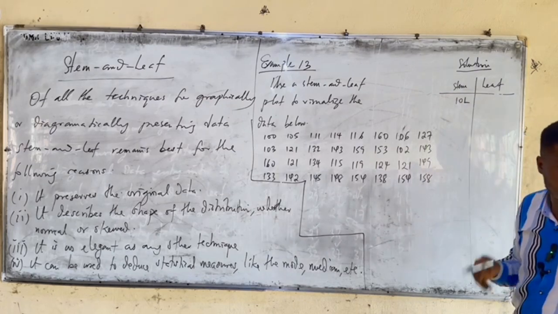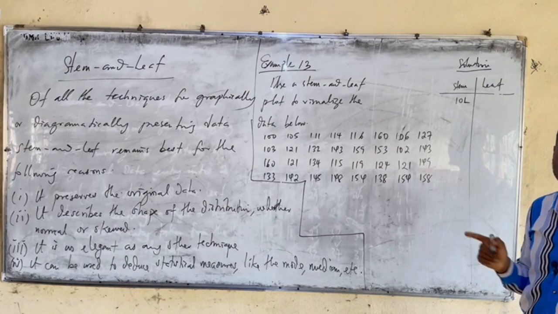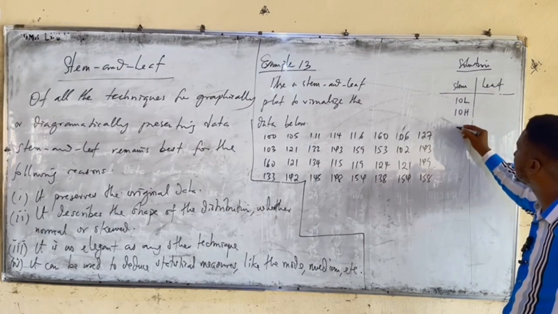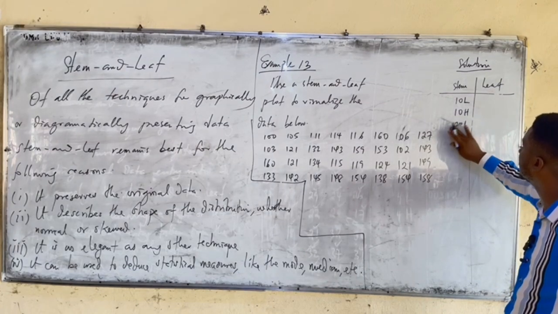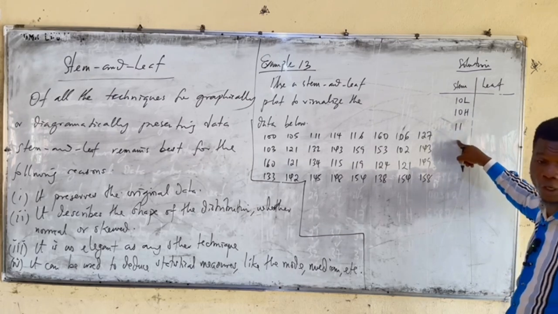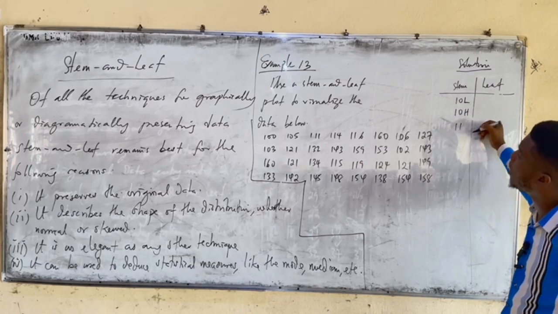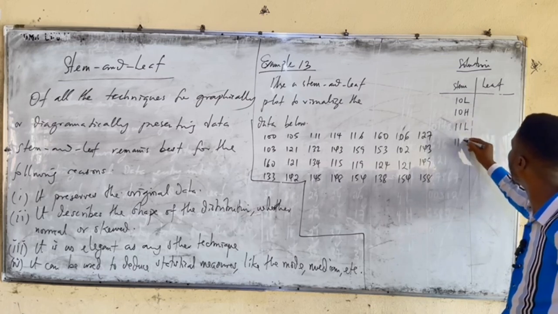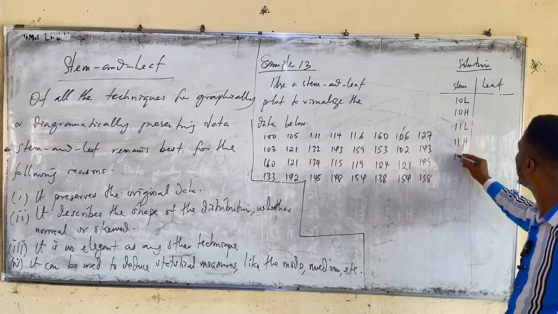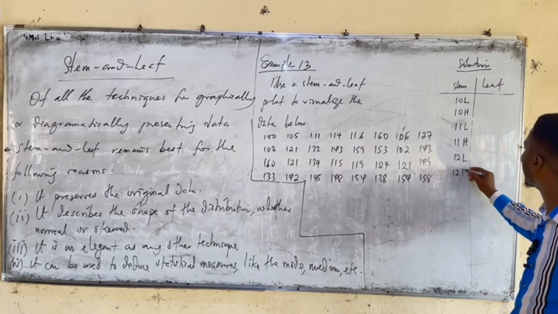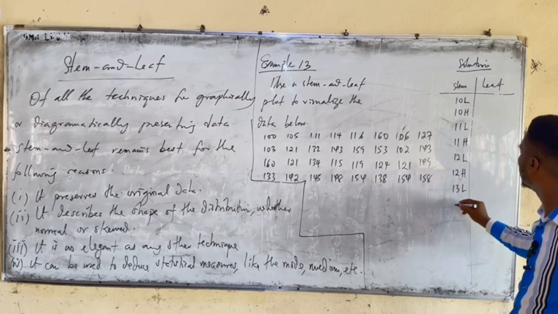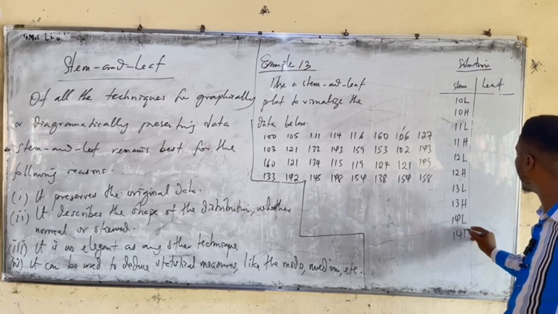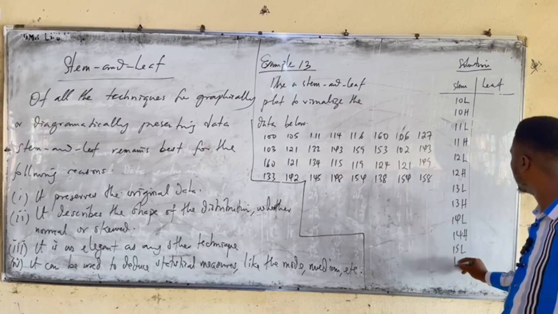My data is in hundreds. So I'm going to have 10 low, 10 high, 11 low, 11 high, 12 low, 12 high, 13 low, 13 high, 14 low, 14 high, 15 low, 15 high.